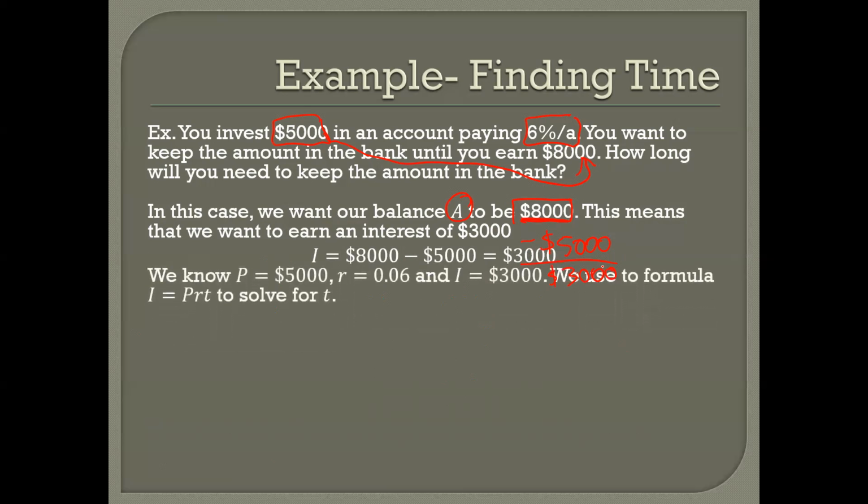And then, of course, in this case, I know my principal amount is $5,000. My interest rate is 0.06. And I know the interest that's earned is $3,000.